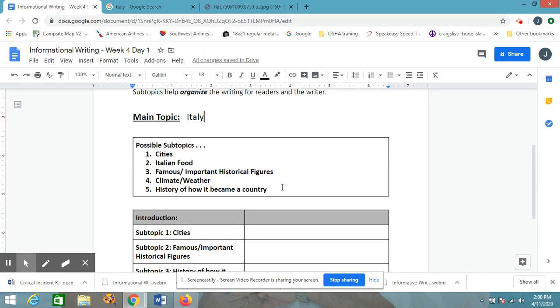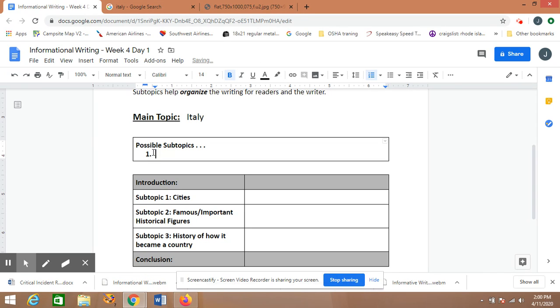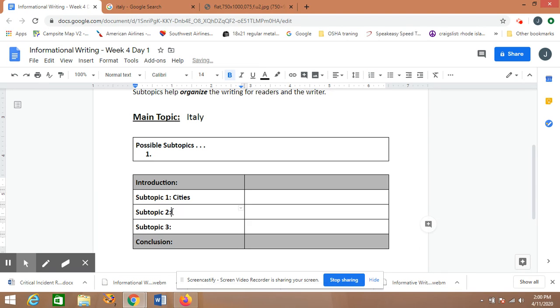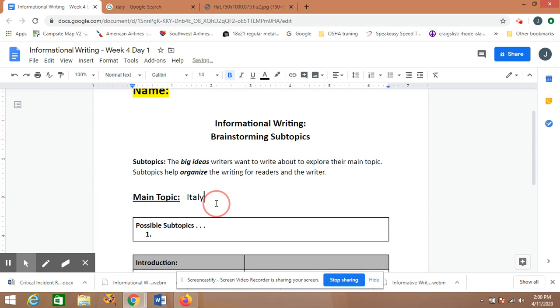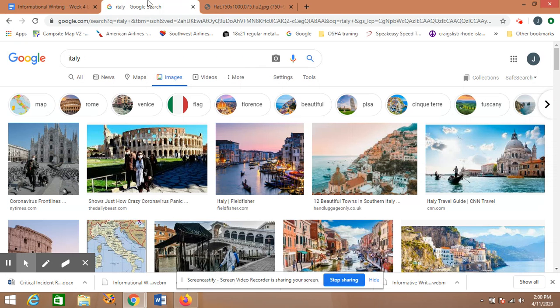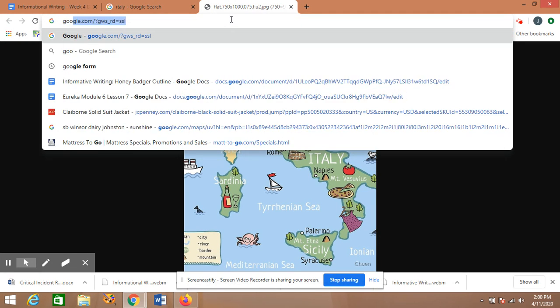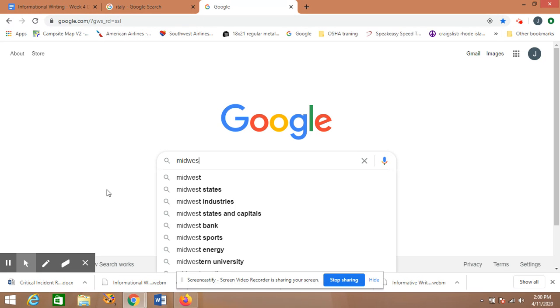And I've been thinking I'm going to give you guys, we'll move on from animals because we were doing the honey badger. And I was just doing Italy as an example. But how about we do one of the Midwestern states? Let's pull up a map real quick.